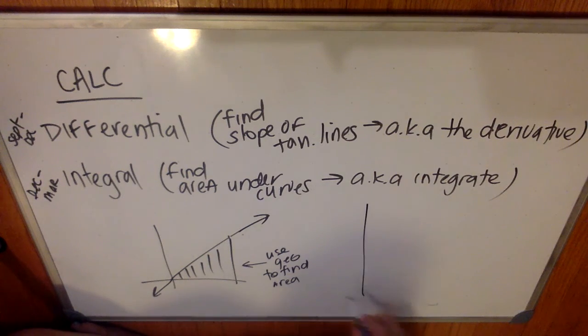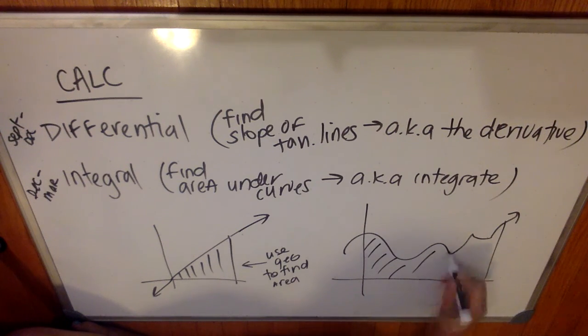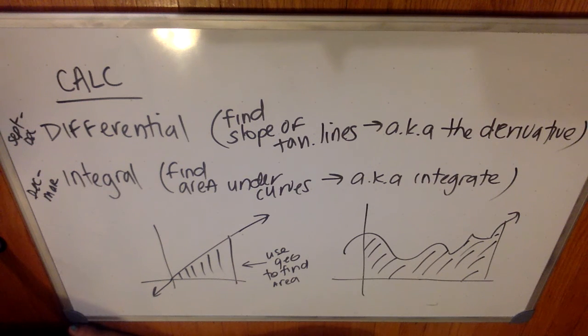But if I gave you a curve like this, and I asked you to find this area, you absolutely could not do that accurately with geometry, and you would need calculus. So essentially, calculus opens up a whole bunch of doors that have previously been closed, because you're going to be able to do a lot of skills that just can't exist without this math of change. So anyway, that's our 1.1, and we're going to start talking about how to use limits and what the notation means in our next video. That'll be 1.2.